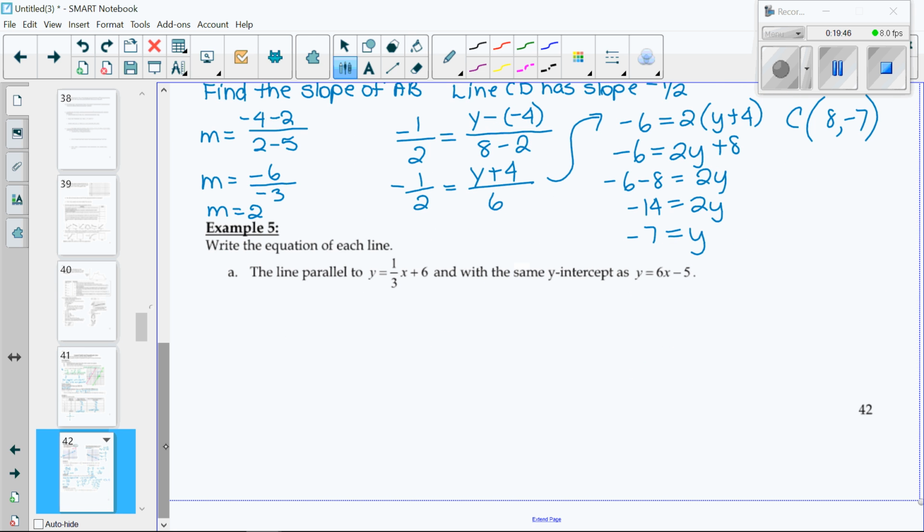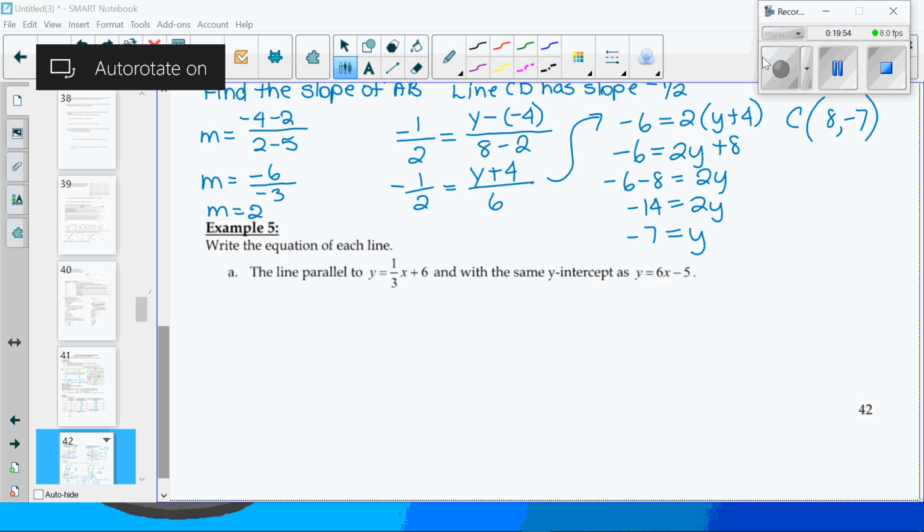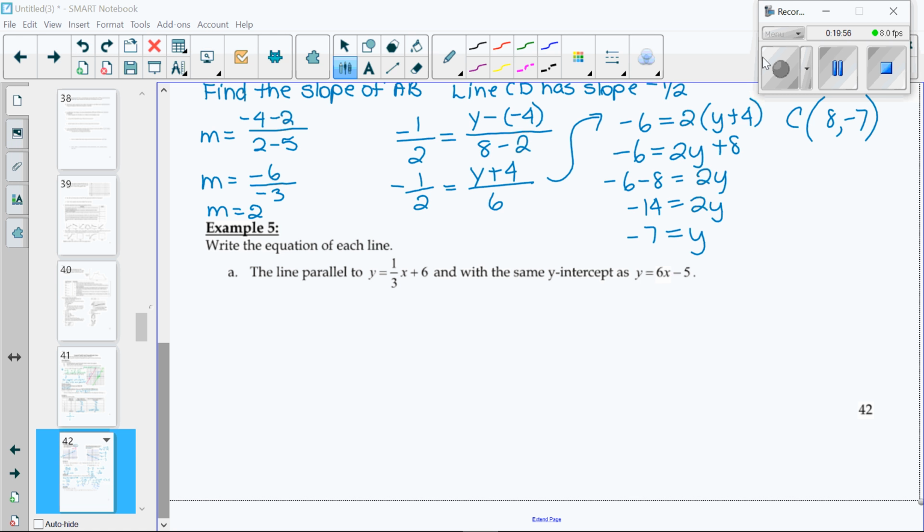Okay, write the equation of each line. Okay, so we've got the line parallel to y equals 1 over 3x plus 6, and with the same y-intercept as y equals 6x minus 5. So I know two things.